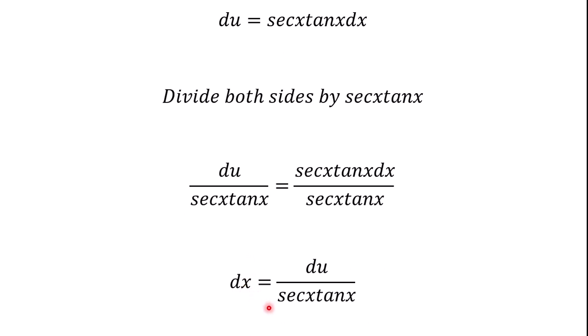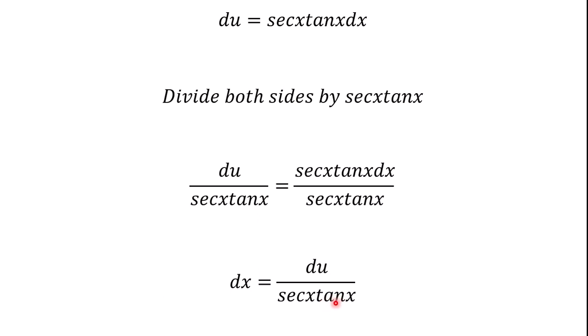Now mind you, we made a substitution. We let u equal secant x. So wherever we see secant x, we replace it with u. And this tangent x, now remember, using trig identity ratios, 1 plus tangent squared x is equal to secant squared x. So if we make tangent x the subject, we get the square root of secant squared x minus 1.